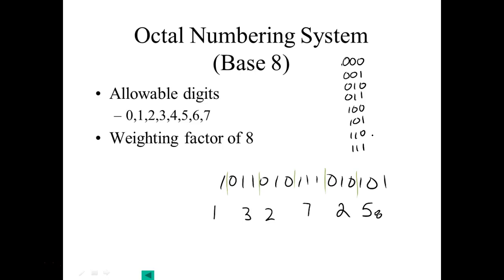With 3 bits of binary, it gives me exactly 8 combinations. So 3 bits of binary has 8 combinations. Each digit of octal has 8 combinations. So what I'm doing is substituting each binary combination to represent a digit in octal. So this would be 0 in octal. This would be 1, 2, 3, 4, 5, 6, 7.